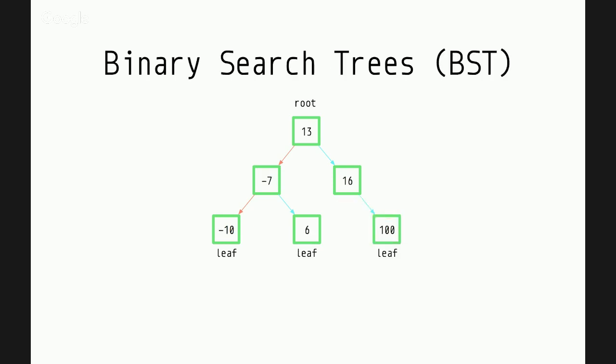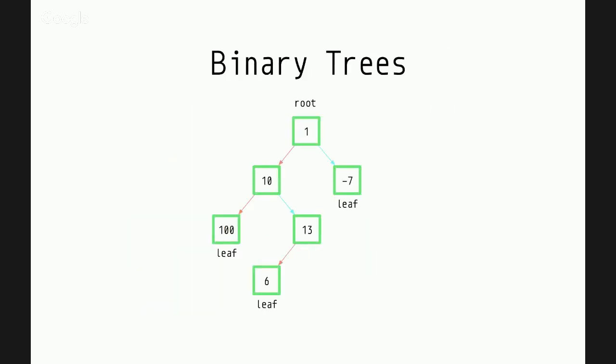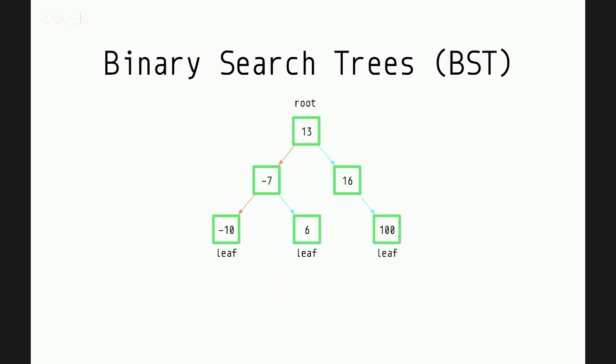A specific case of a binary tree. If we go back here, you can see that the structure of the data is just kind of random. There's nothing really interesting happening here. It's just a random collection of numbers, but we can make this more interesting and useful if we find some structure.